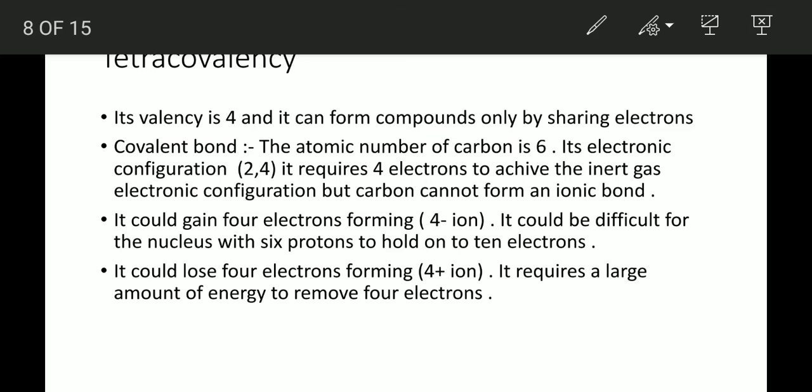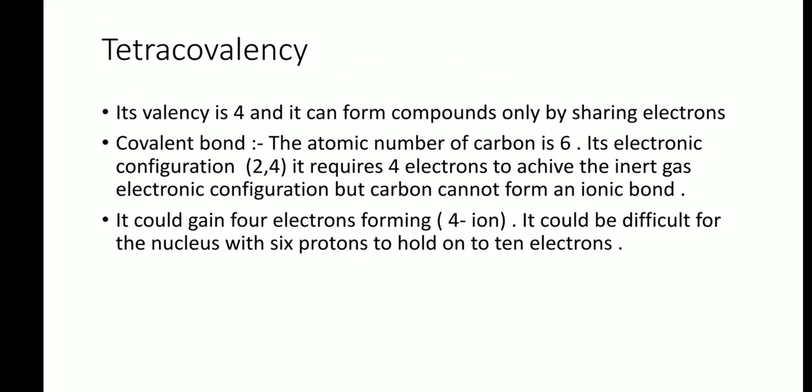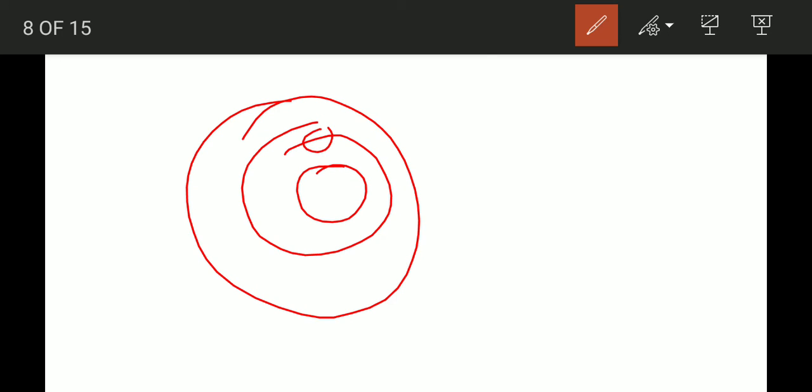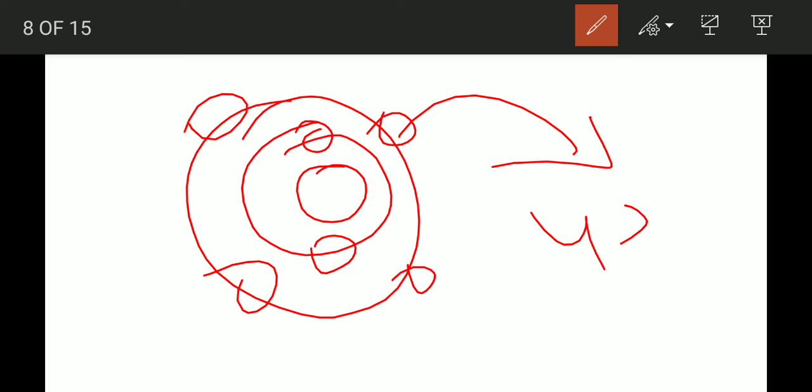They are saying that here. If the carbon loses 4 electrons, then it forms a 4 plus ion. This is an atom of carbon. If it loses 4 electrons, then to remove 4 electrons it needs so much energy.